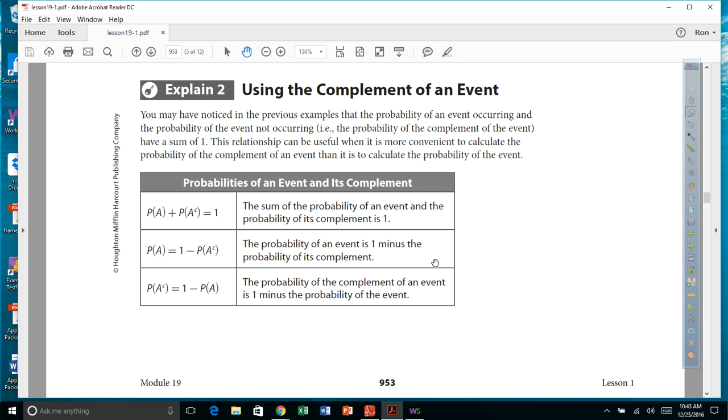So the probability of A plus the probability of the complement of A equals 1. Probability of A equals 1 minus the probability of the complement of A, and the probability of the complement of A equals 1 minus the probability of A.